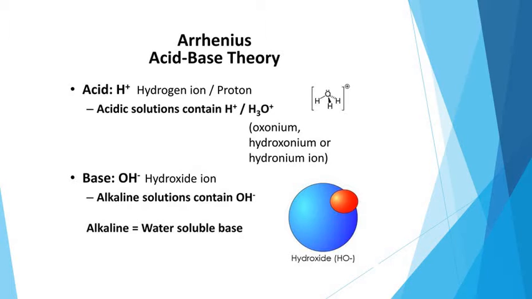According to the Arrhenius theory, acidic solutions contain hydrogen protons, and alkaline solutions contain hydroxide groups, alkalis or water-soluble bases.